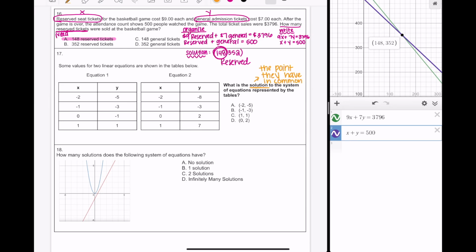Okay, so when you are talking about an intersection, just taking the last problem, for example, that point is on both lines. So looking at a table, you're looking for the same thing. Where do each of these tables have the same point? Okay, well, they both have the point -1, -3. So since they both have that point, that is the solution because that is the point that they have in common. That would be the intersection point.